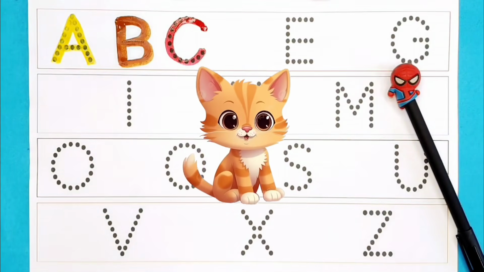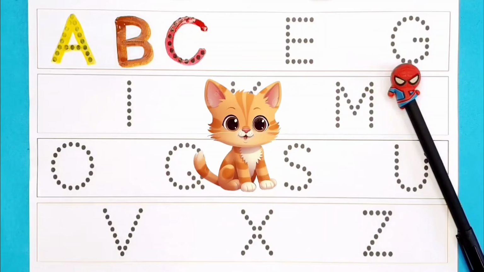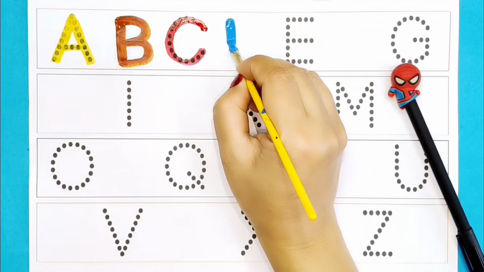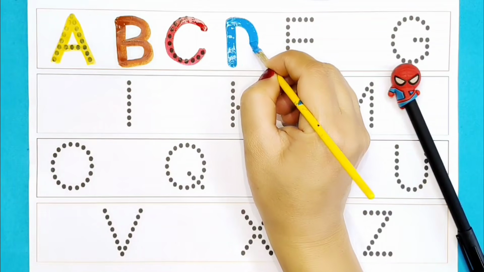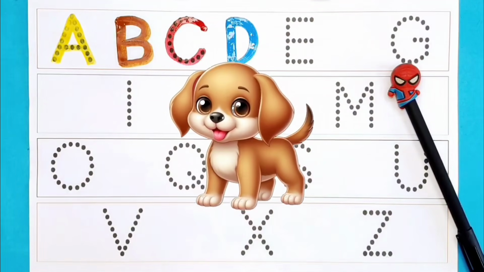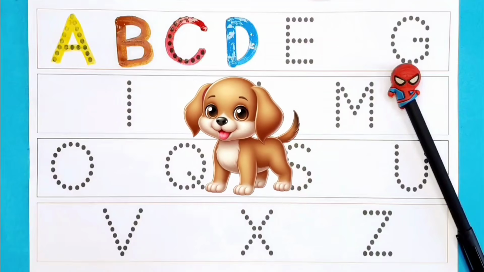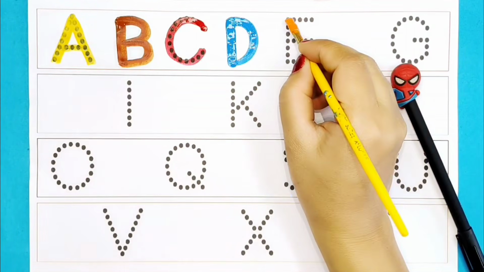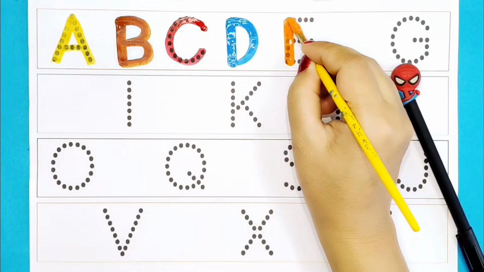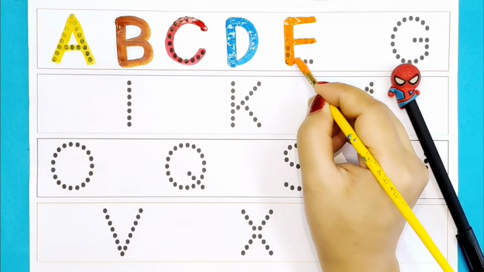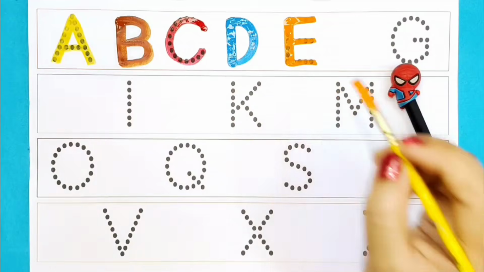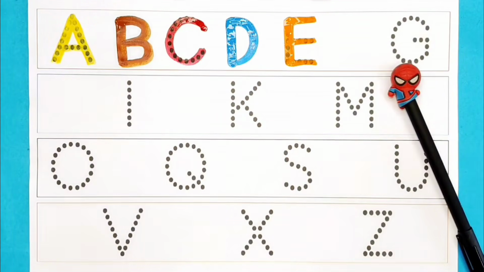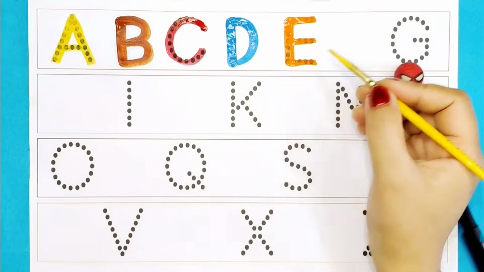C. C for cat. Sky blue color. D. D for dog. Orange color. E. E for elephant. Yellow color.